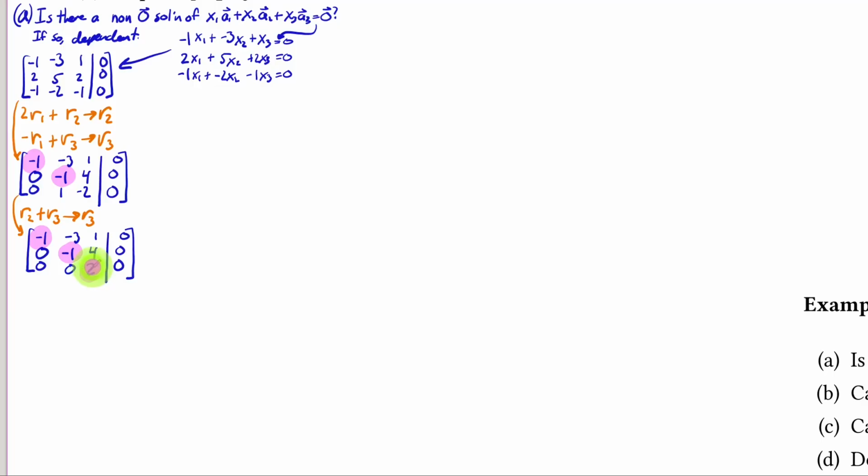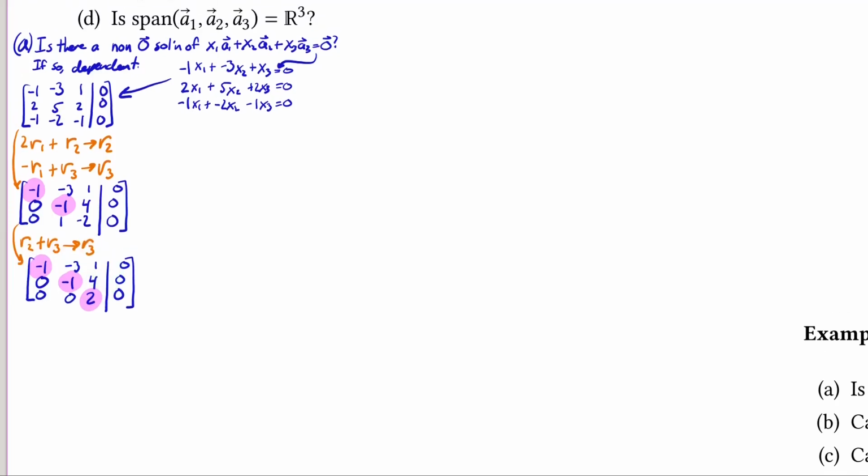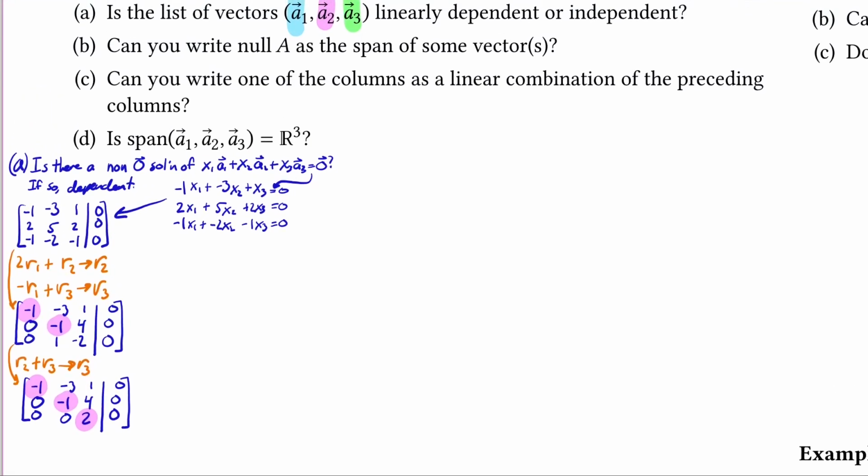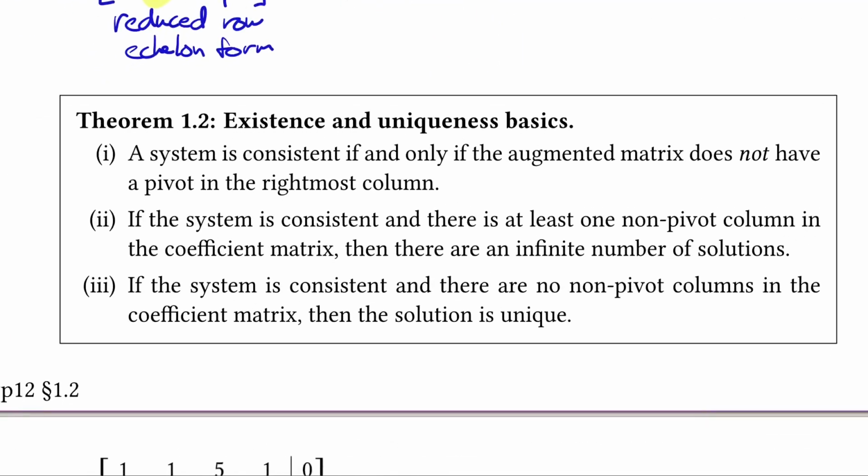This is now in echelon form, so we can see where the pivots are. We have one in every row of the matrix and also one in every column on the coefficient side of the matrix. So what does theorem 1.2 say about this? It says the system is consistent because the augmented matrix does not have a pivot in the rightmost column.